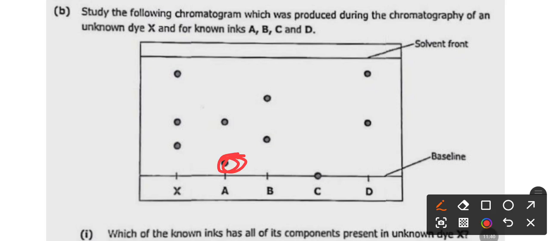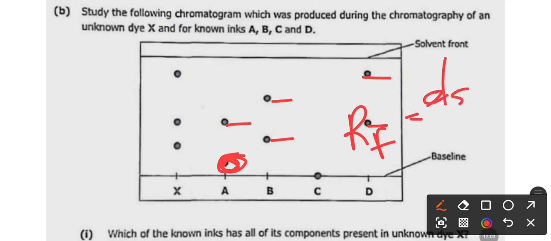If you compare with other spots such as this one, and that one, and that one, this spot here, the one that I have circled, has traveled the least distance. Okay, therefore it has the lowest RF value. Remember, RF is equal to the distance traveled by the spot over the distance traveled by the solvent front. Okay.